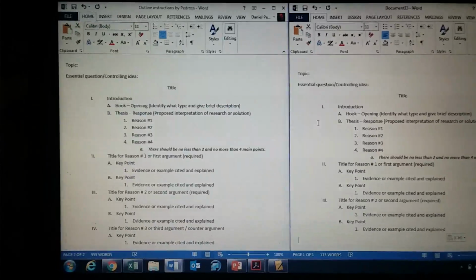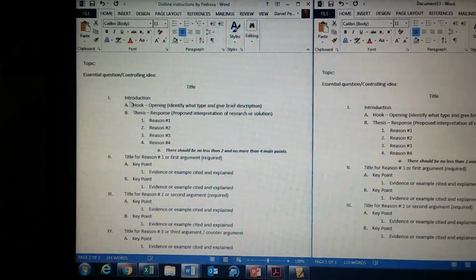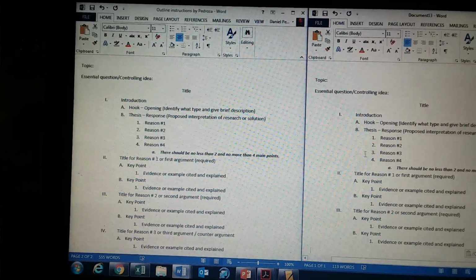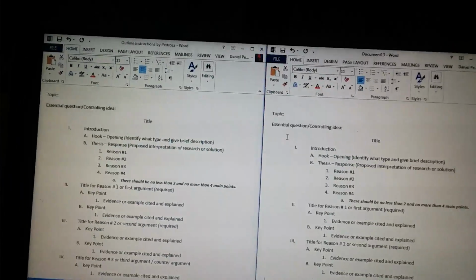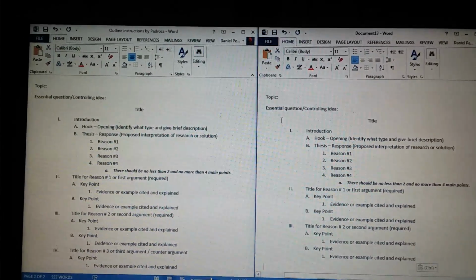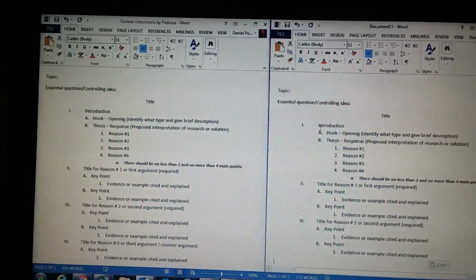So let me just focus on that right now to kind of get you moving. Okay, so let's just say here I've already split it into two screens. I have one over here that I'm going to be editing, and then this one is like my notes.